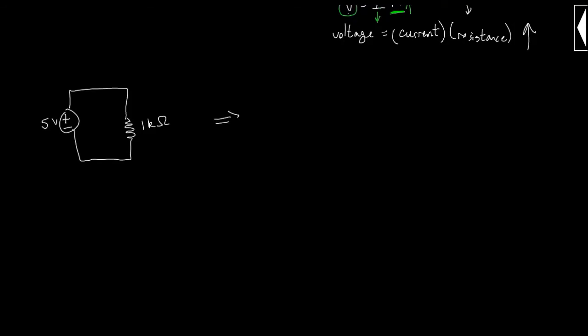So this is analogous to, let's say here's your water tank with some water in it. And then it flows down through your pipe, and we'll constrict it. Yeah, get the idea. And then there's the ground here.